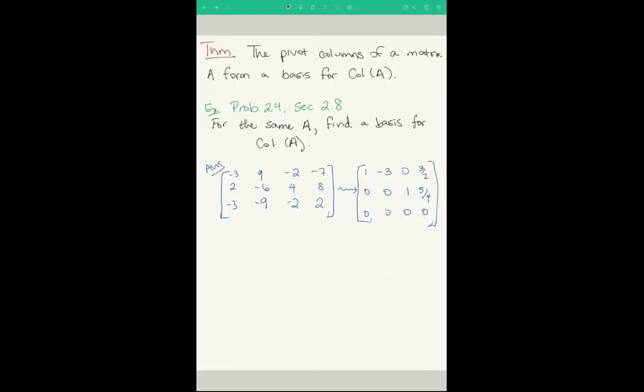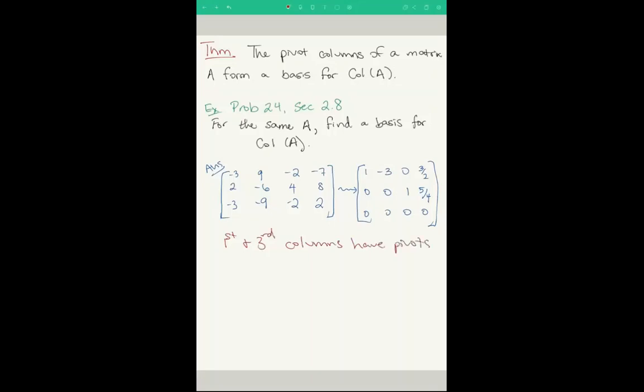And, well, the basis is formed from the columns that have pivot positions. So which columns are those? Well, they're the first and the third, right? So the first and the third column, those are the ones with pivot positions.